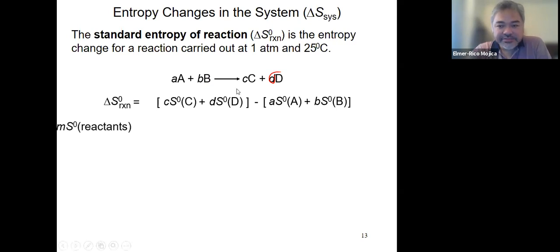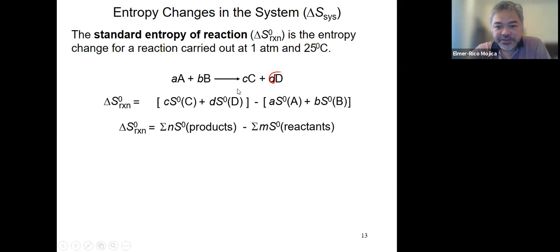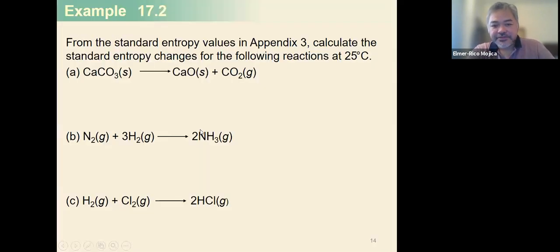That means the S values should be given to you. So this is the simplified form that you have. Let's try to solve this problem. I'm going to put the values that we have in this given system for you to calculate.